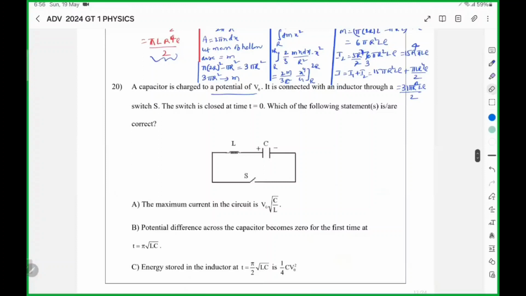So then capacitor is charged to a potential V naught. So then it is connected to an inductor.